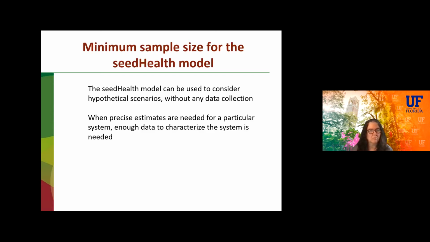So how much data would be required would vary from one scenario to another, depending on how many different types of environments there are, how heterogeneous the environments are, and how broad the analysis needs to be across different types of environments and across different sorts of management scenarios that are practical as well.